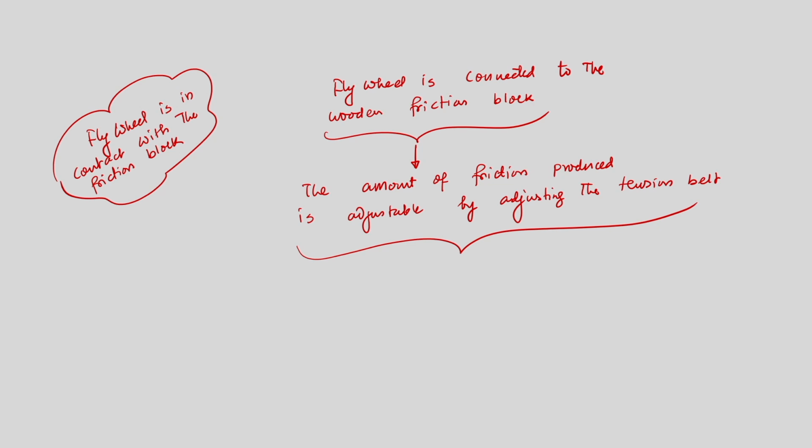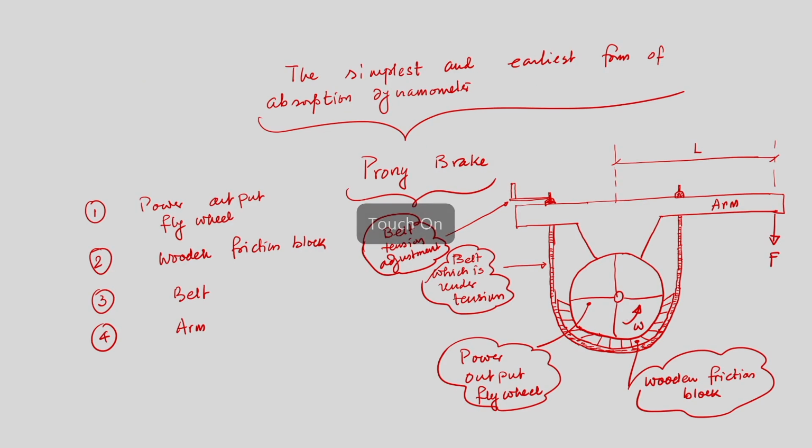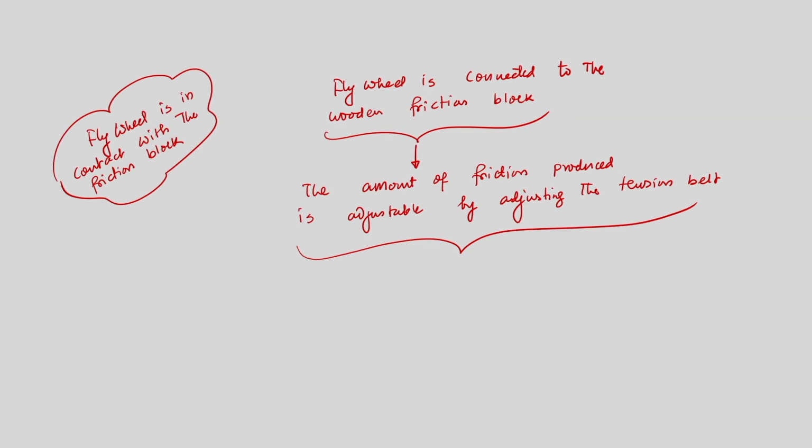If we go to the previous slide, we have drawn the schematic, we have identified the different parts which are integrated with the system, and next we are trying to explain the operational principle including the function of each part.